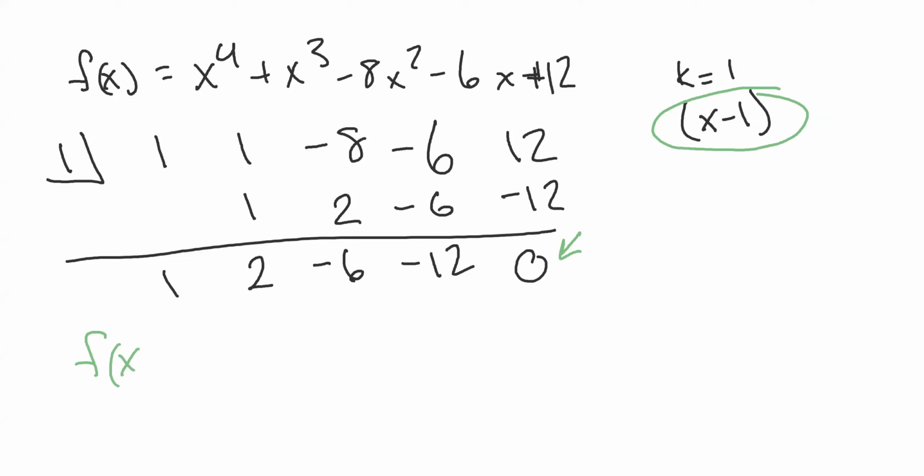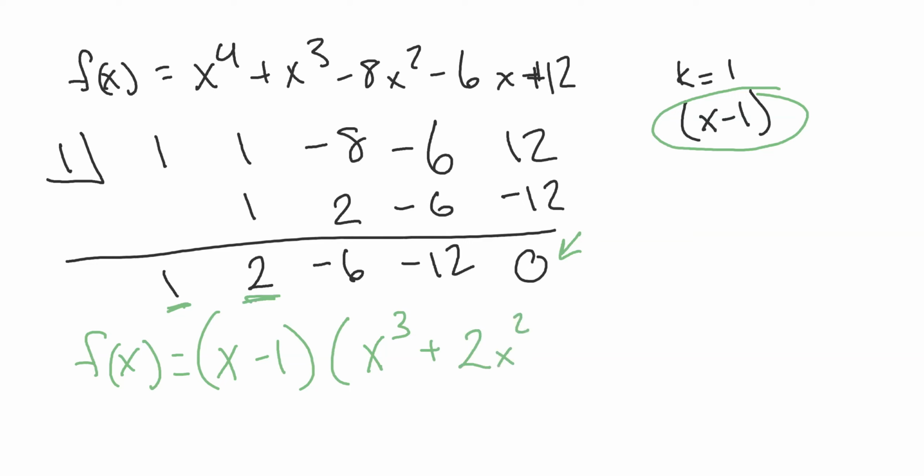So now our f of x looks like x minus 1 times x to the third, so this is our coefficient here, plus 2x squared minus 6x minus 12. Right. So we found one factor of our polynomial.